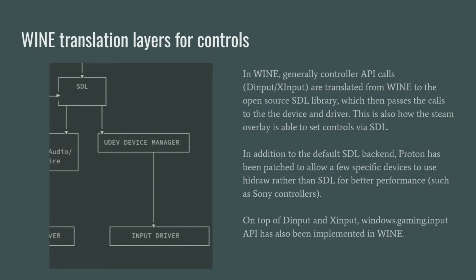This is also how the Steam overlay is able to set controls via SDL. In addition to the default SDL backend, Proton has been patched to allow a few specific devices to use HIDRAW rather than SDL for better performance, such as Sony controllers. On top of the input and output, the Windows Gaming Input API has also been implemented into Wine.